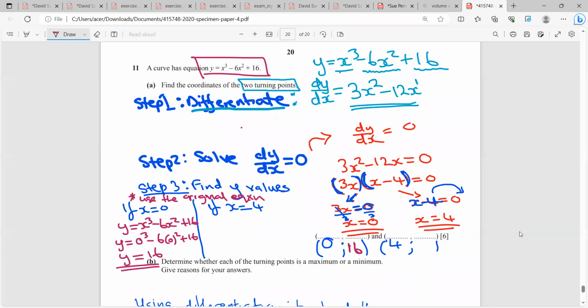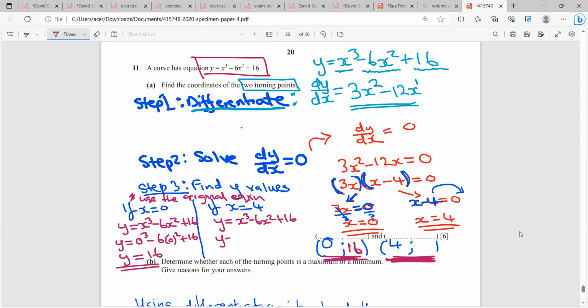Now we need to finish off the second set of coordinates here. We have the x value, but we don't know what the y value is. So we know that our x is 4 at the turning point, but we don't know the value of y. So let's write our original equation: y equals x cubed minus 6x squared plus 16.